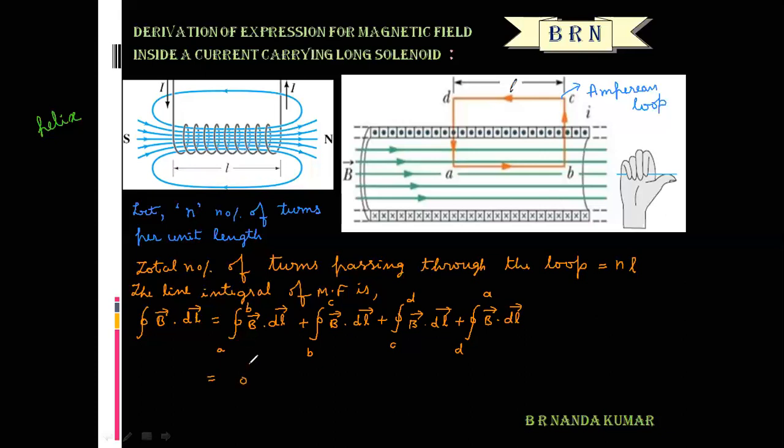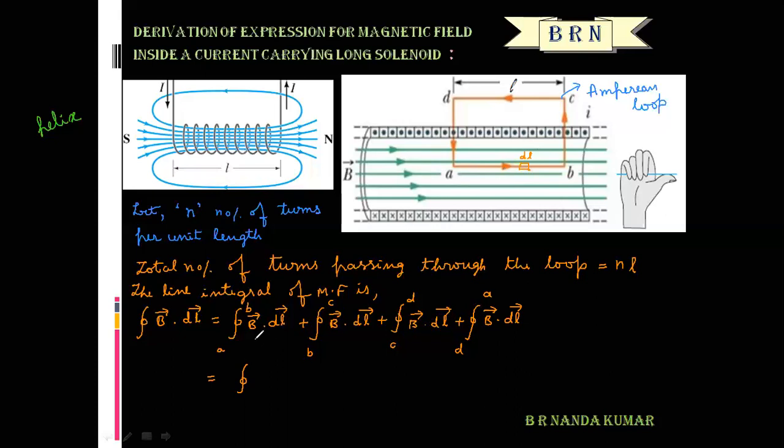So AB, let us consider a small element on AB. So that is dl. dl is the length of the small element. So dl vector is from left to right. Even magnetic field B vector is also from left to right. dl vector is parallel to B vector.